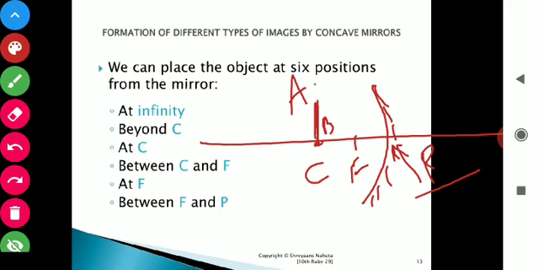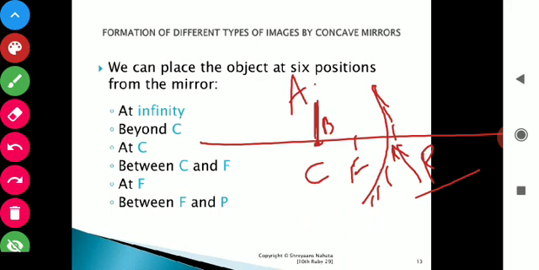Now students, here you have to understand the four rules for making the images, and you have to decide which rule will be applicable in this case. As you know, in the previous cases we used the first and the third rule. Now here we will apply the first rule.